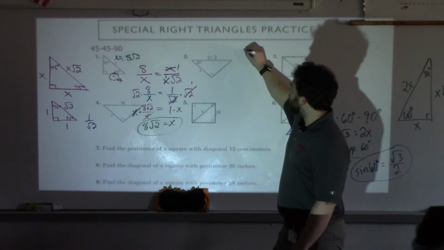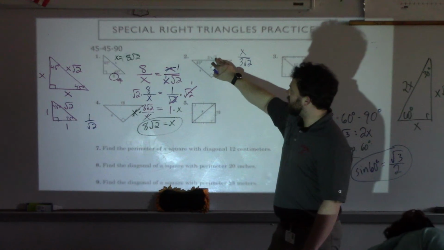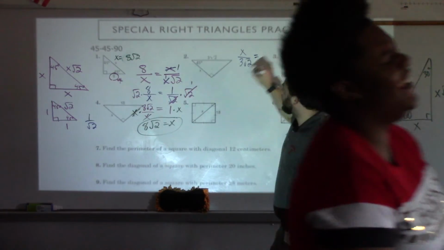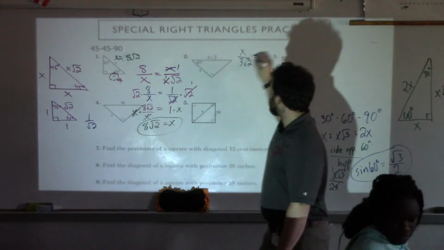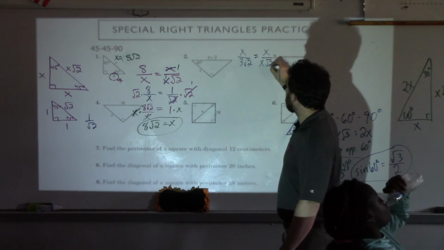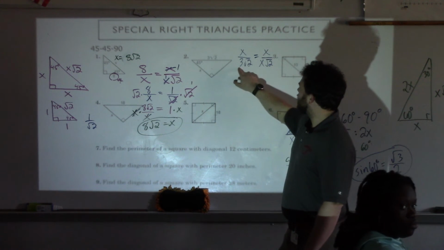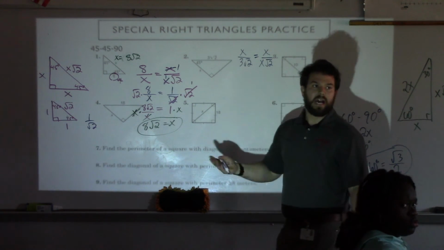Because notice, if I do x divided by 3 square root of 2, talking about this x to the hypotenuse, well, in the generalized one, the leg is x, and the hypotenuse is x square root of 2. What does x have to be then? 3, right? X would have to be 3.